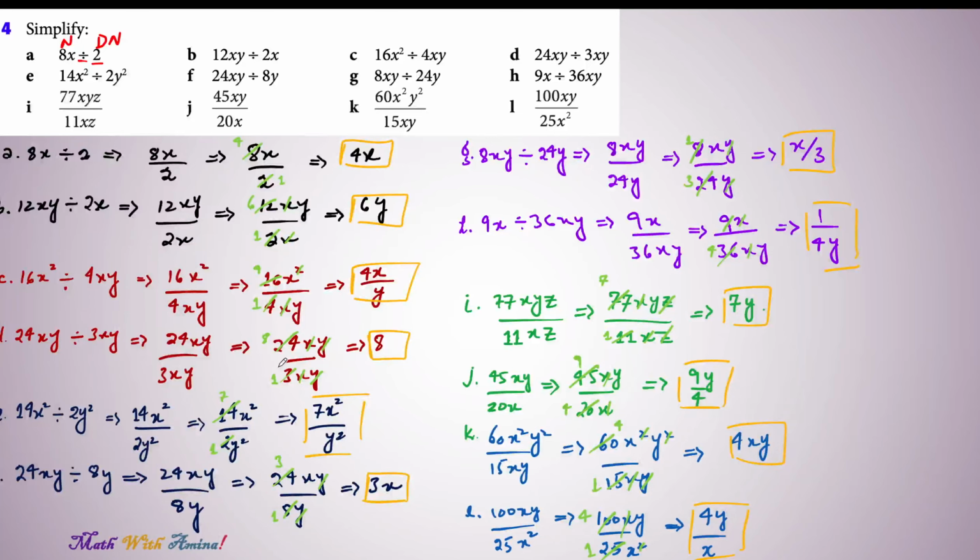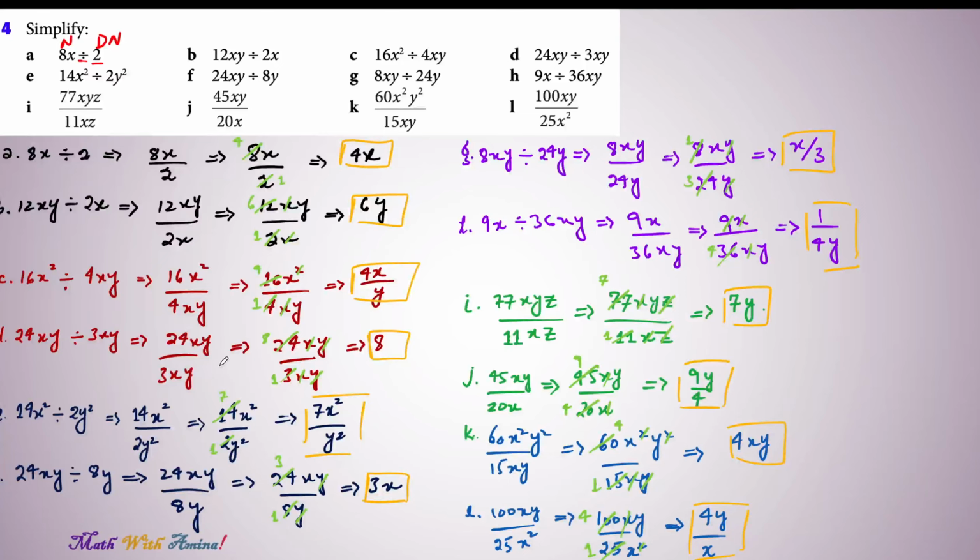Then we look at the variables. x is mentioned once in the numerator and once in the denominator, so they both get cancelled. y is also once in the numerator and once in the denominator, so this also gets cancelled. This way we get only 8 as the final answer for this expression.